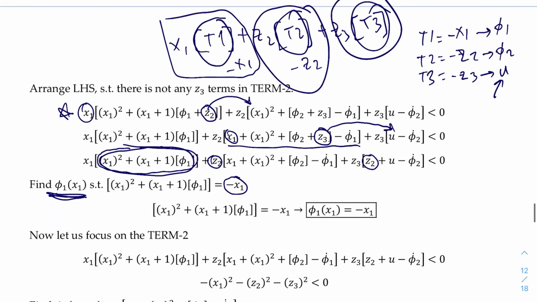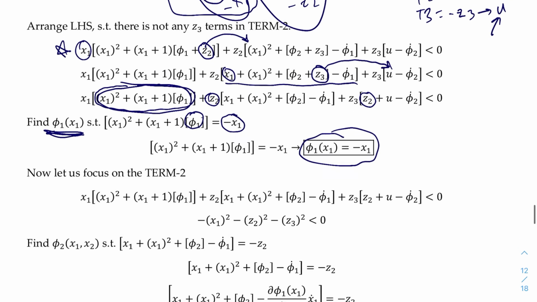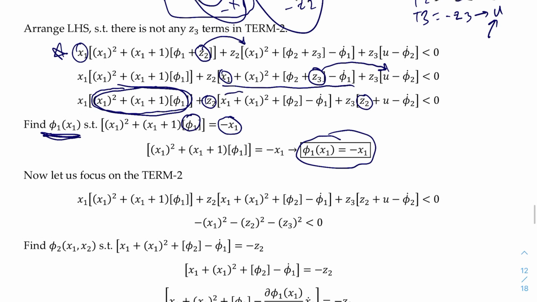So find phi1 such that this equality holds, and isolate phi1.